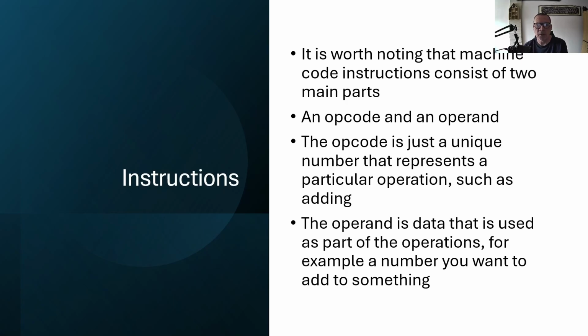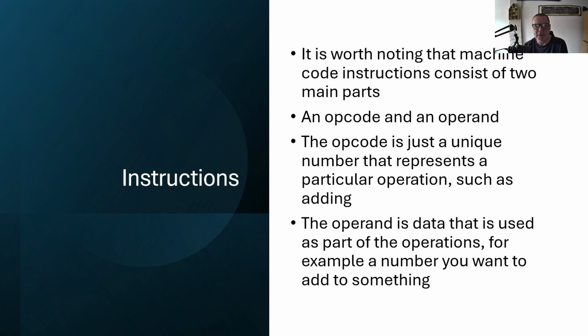Now all the opcodes together create what's called an instruction set, and the instruction set is everything that the CPU can actually do. Every operation, every instruction that it can do is in the instruction set, no more, no less. You can't do anything that's not in the instruction set. And every single one of those instructions has a unique binary number which represents what it needs to do.